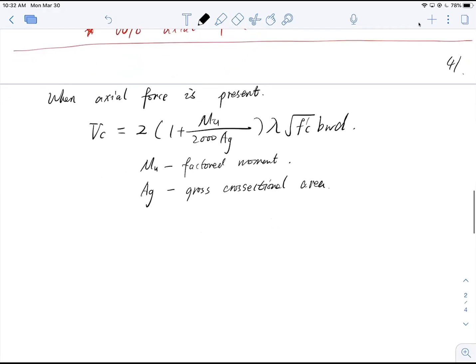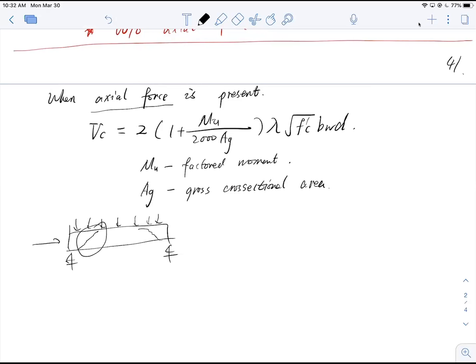Okay, now this is when axial force is present. What I mean by axial force is present, namely, I will have a beam support like this. Have distributed loading, sure, fine. And I have a diagonal crack, and this is where I'm considering my shear design.